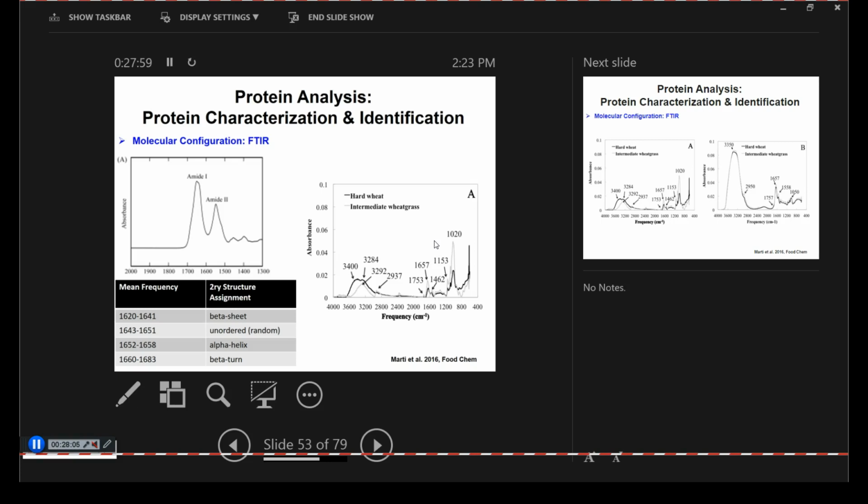In terms of application, here's an example where we looked at FTIR to look at the secondary structure of the protein in flour and then in a dough system. If you think of a dough and you want to understand what stabilizes one dough versus another, one dough is made of wheat flour, another of corn flour. The dough from wheat is more stable for different reasons.